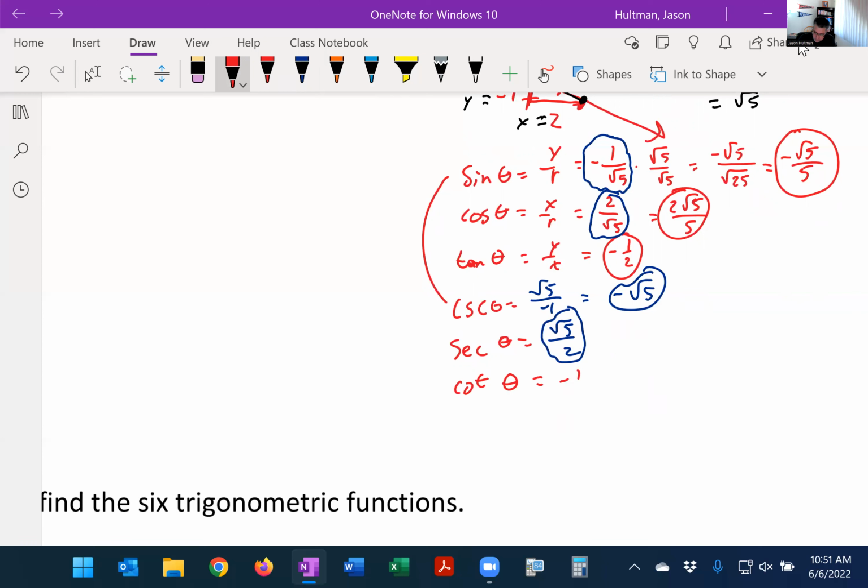So this becomes -2 over 1, which is just -2. Maybe I'll put that in blue. -2 over 1, which is just -2. And so we get our 6 trig functions. I'll erase this. Erases everything.